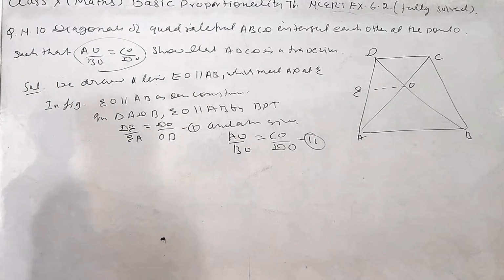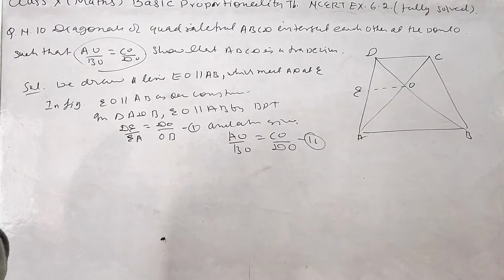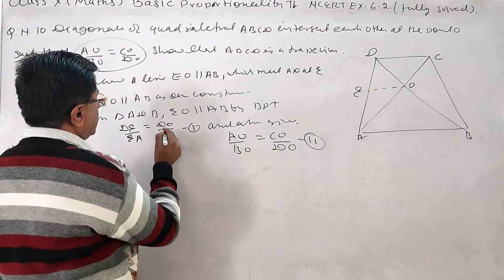Now you can see here in the given, DO upon OB. So in these two you can interchange again the denominator of AO, because what we need is DO upon OB.